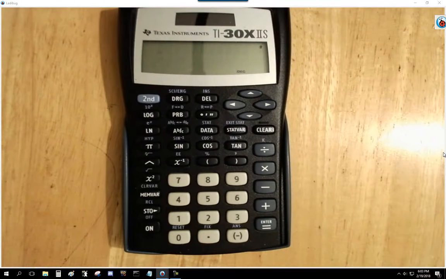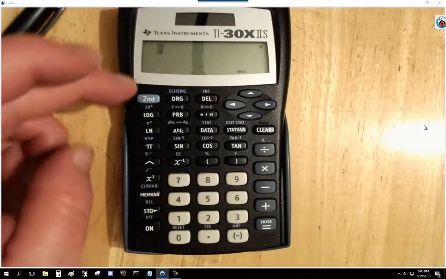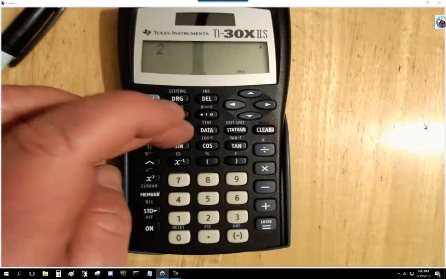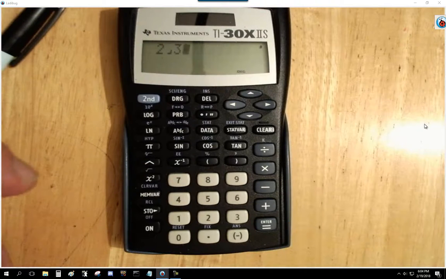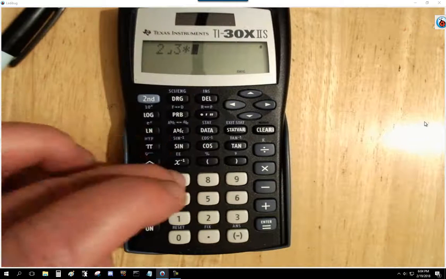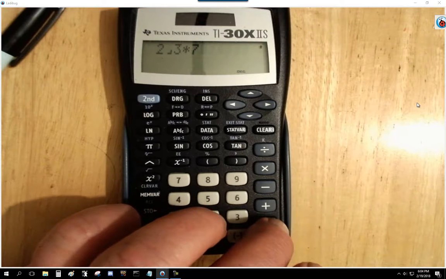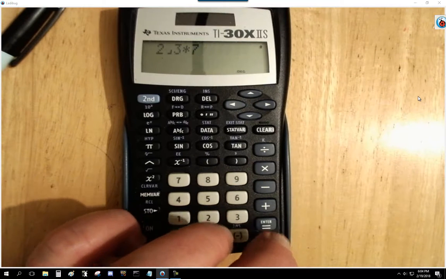So let's do that. 2/3 times 7. It should give us a mixed number as the answer. So 2 ABC 3, there's the 2/3, times 7 is 14/3 as an improper fraction, and 4 2/3 as a mixed number.